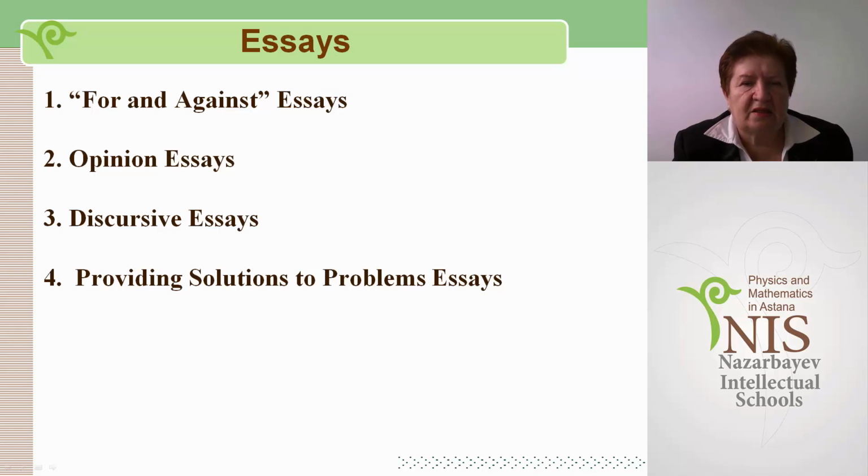The second, opinion essay, expresses your personal point of view on some controversial problem in writing. The main aim of an opinion essay is to persuade your readers that your position is correct.